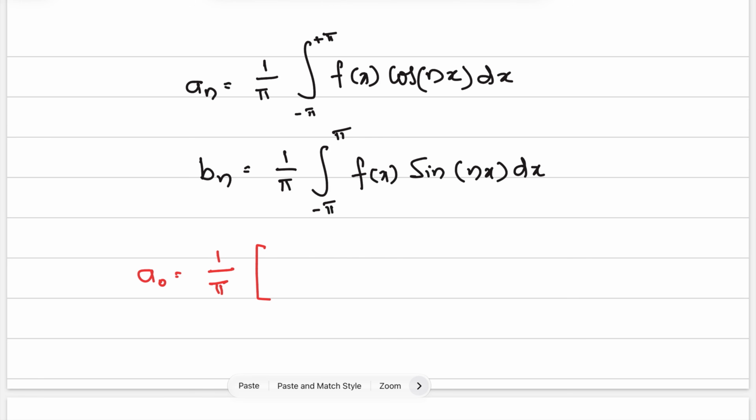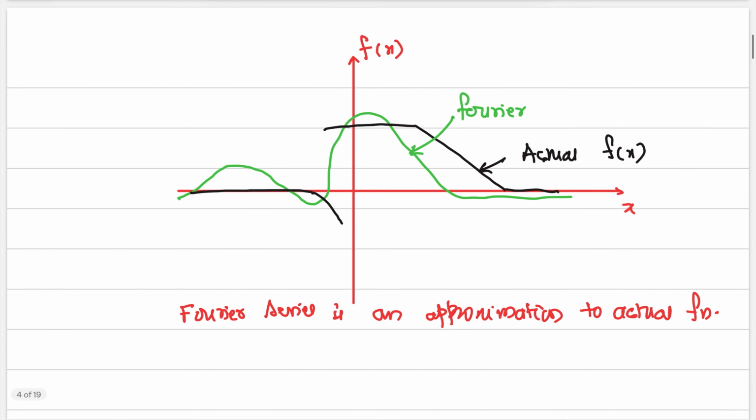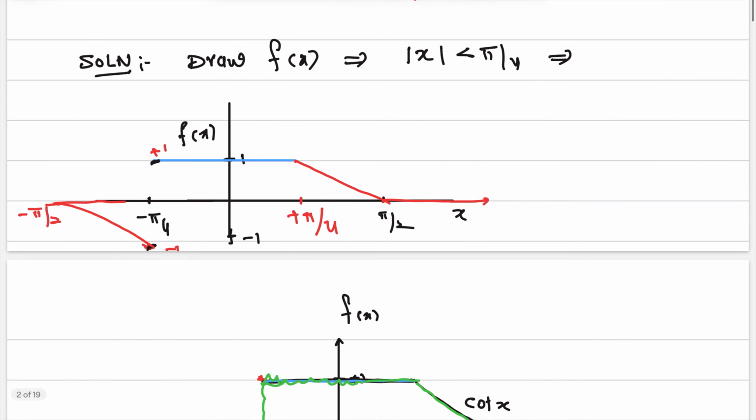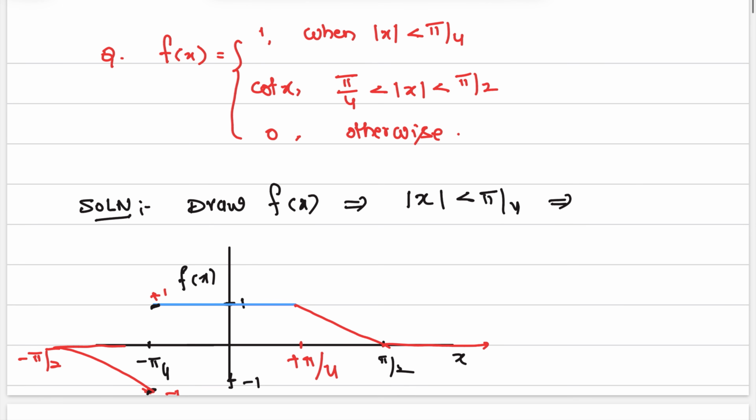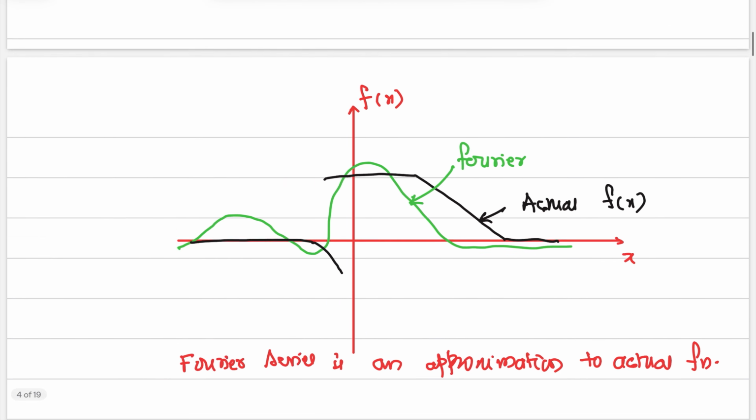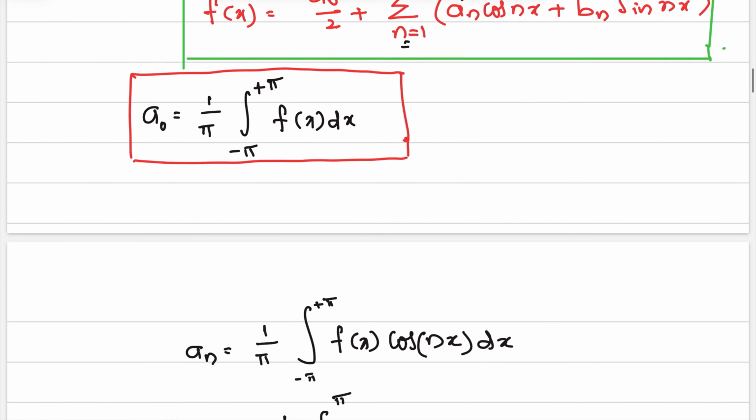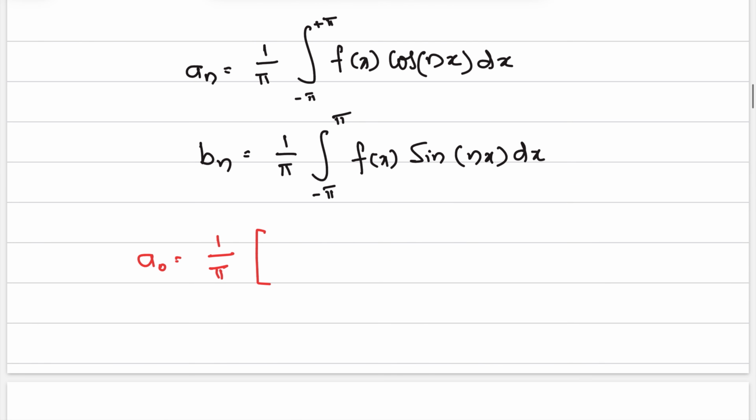First, between plus pi by 4 and minus pi by 4, function x is equal to 1. You see, absolute value of x is less than pi by 4. That means x varies between minus pi by 4 and plus pi by 4.